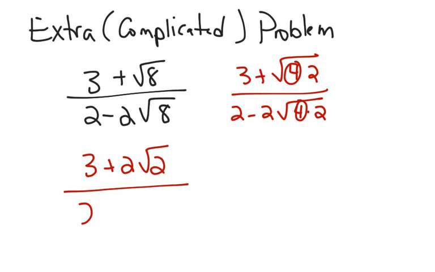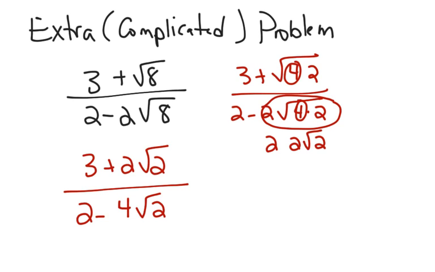In the denominator, when you simplify this part, you're going to get 2 times 2 the square root of 2, which is 4 the square root of 2. Now this is a little bit nicer. Now I'm going to multiply by the conjugate of the denominator.